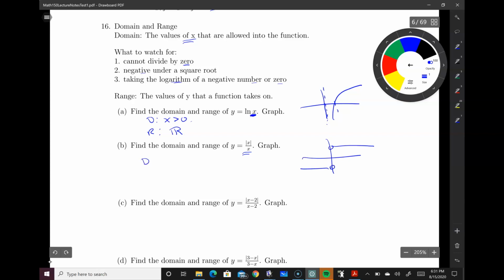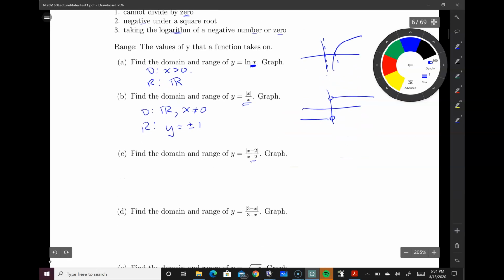So the domain is all reals except x equals 0. It's the quickest way to say it. I don't have a criteria of how you need to give your answers. Then the range is going to be the y's equal to plus or minus 1. All right, so let's think about what this is. This is really similar to this.